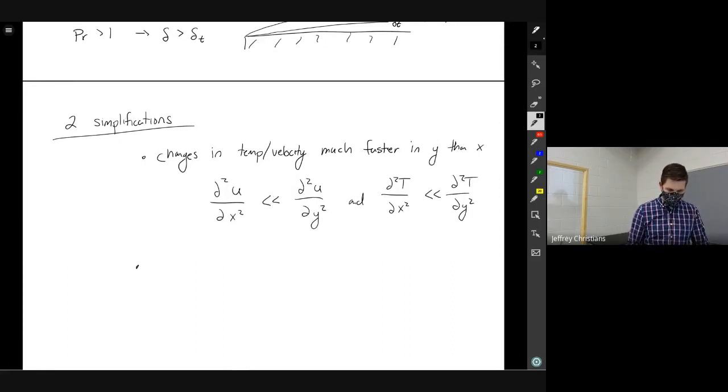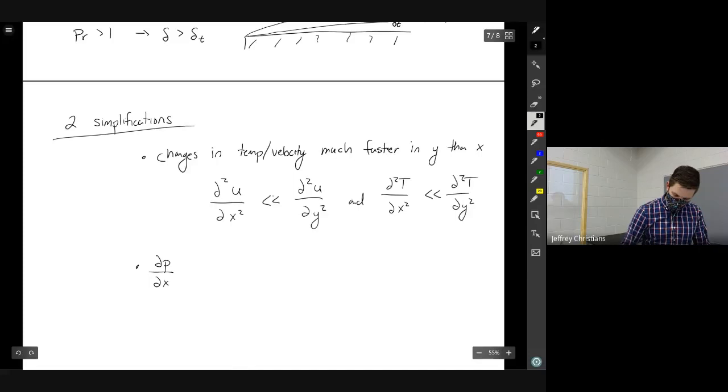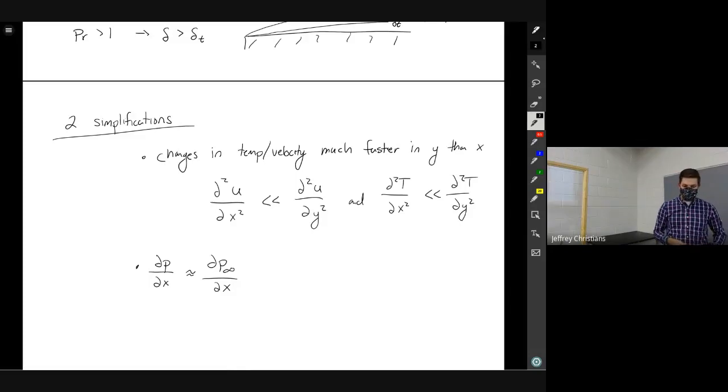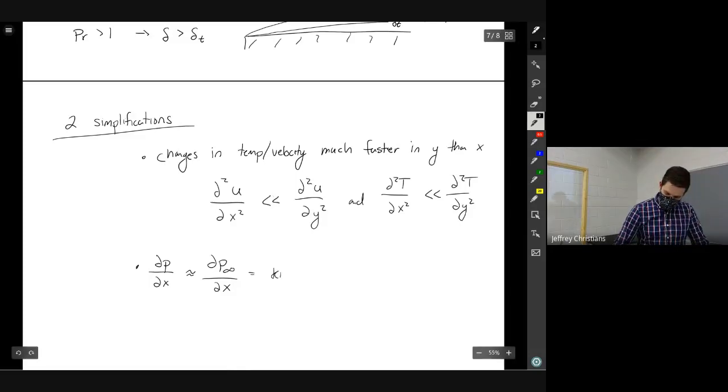The other thing that we're going to say is that the change in pressure is about equal to the change in pressure at infinity, which equals a known quantity.